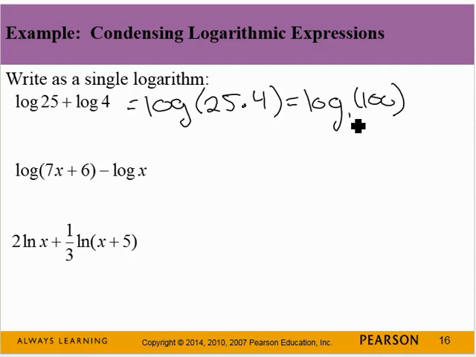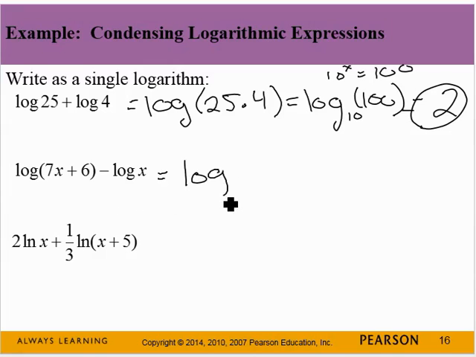Remember, this is log 10, and we've done this one before, so you have log of 100, and your answer there will be 2. This is again our rule. So in this case we have subtraction, which really means you have division. And that's your final answer in this one.